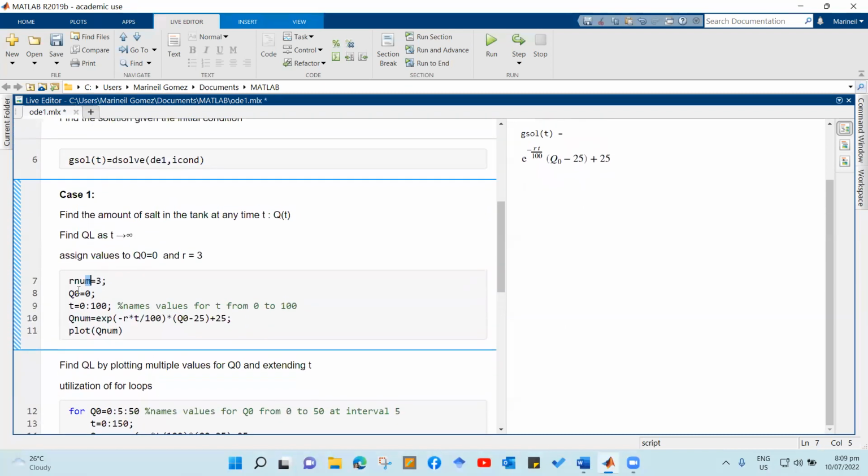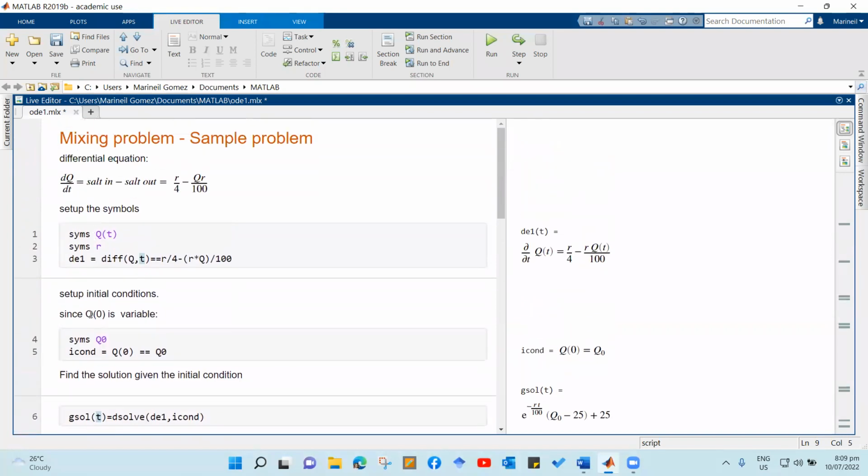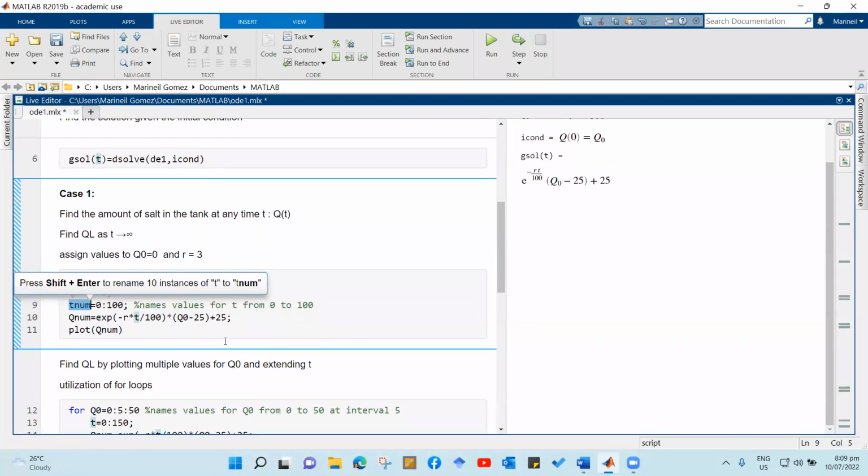And then Q_0 is equal to 0. Let's say this is a number, so that this is a numerical value. And then this is our t, numerical value t now. I did this on the fly right now in order to distinguish the symbolic t, Q_0, r, and Q from our equation.